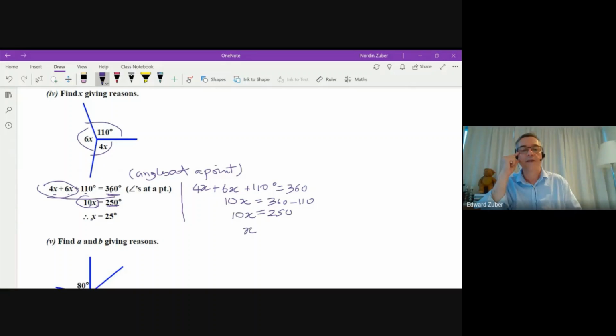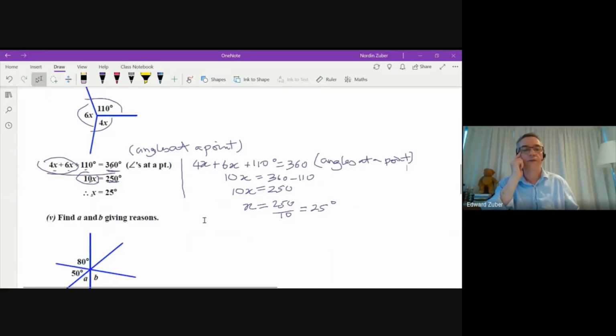So therefore, x must be 250 divided by 10, which is 25. That's a much harder question because it's got some algebra in it. And here again, we should write nicely, angles at a point. That's our reason. That's verging on a year 8 level geometry question.